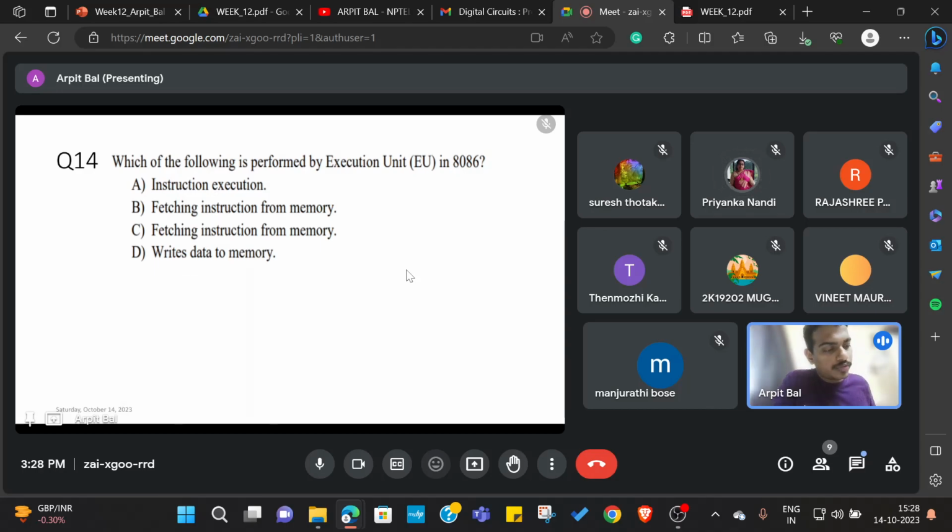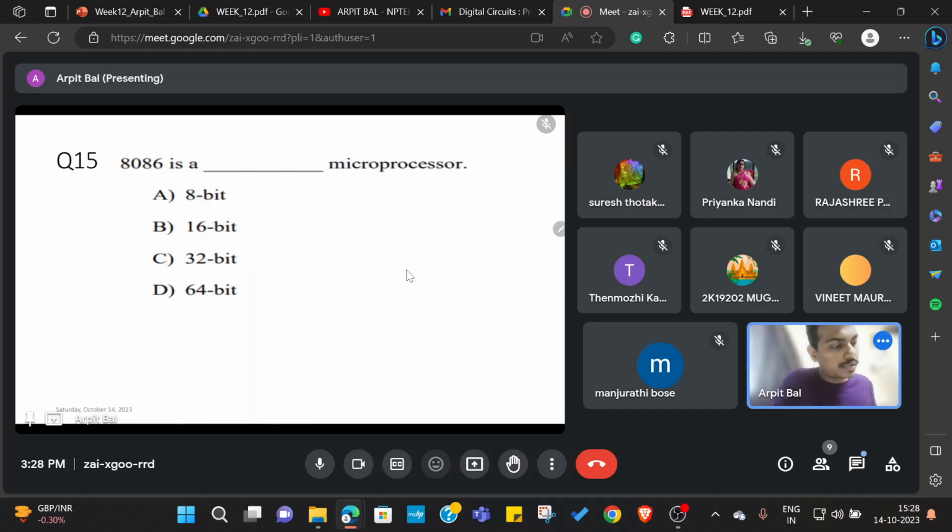Correct. Moving to the next question, which of the following is performed by the execution unit in 8086? Instruction execution. Yeah. So 8086 is a dash bit. 16-bit. Correct.